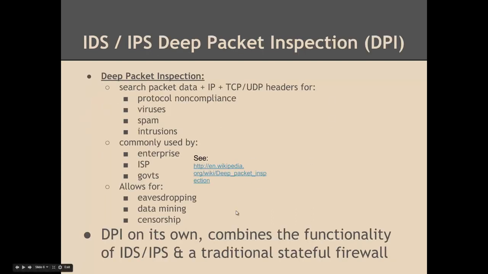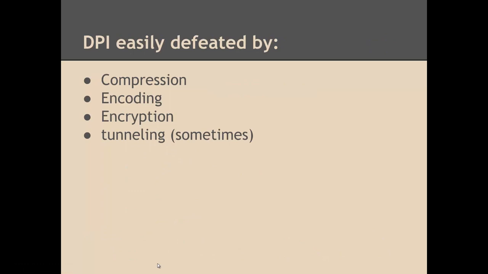So the point of deep packet inspection is it combines stateful packet inspection with firewall and IDS and IPS. And all these technologies, however, are very trivially defeated usually by any form of compression, such as just regular zip, tar, GZ, bzip, you name it.